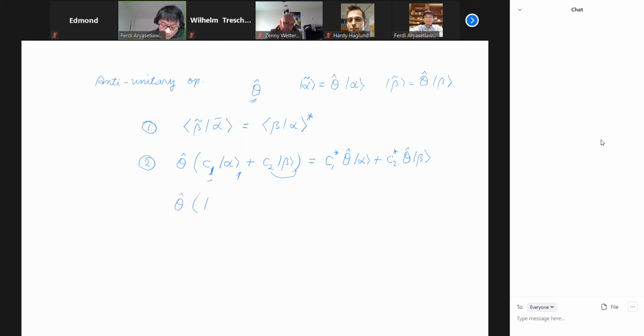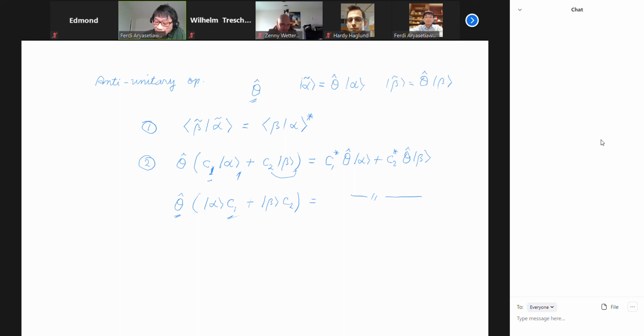If I write it like this, it also modifies the complex numbers c1 and c2, and we get the same result here. So it doesn't have to be directly in front of the operator. Okay, so this is the definition of an anti-unitary operator.